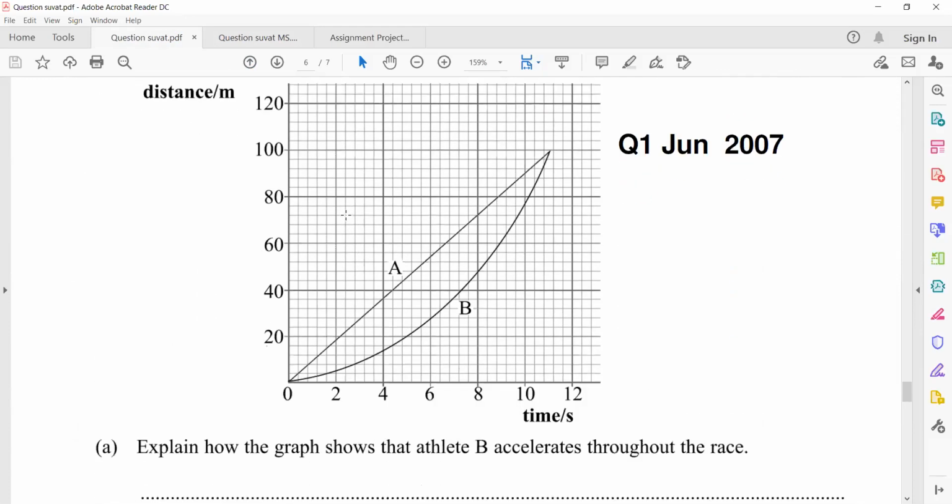As you can see, this is a distance-time graph, so at which position do we have the greatest gap between the two graph lines? In this region we have the maximum gap or distance between the two. So that will be the maximum distance between the two.